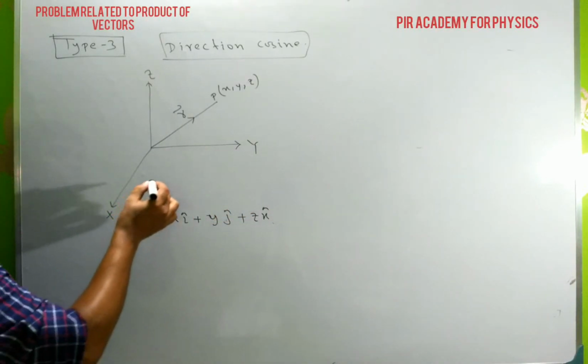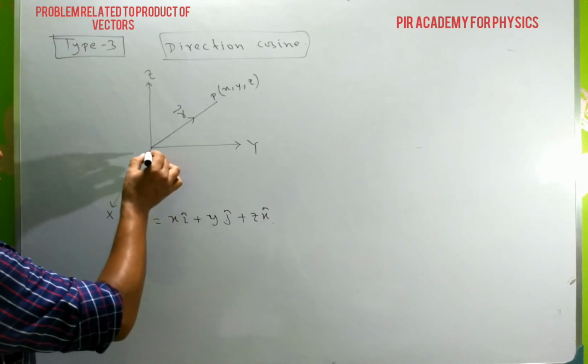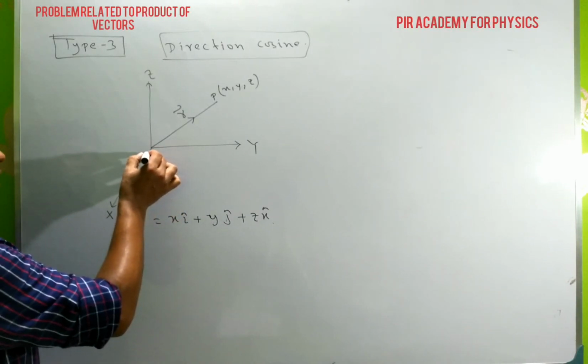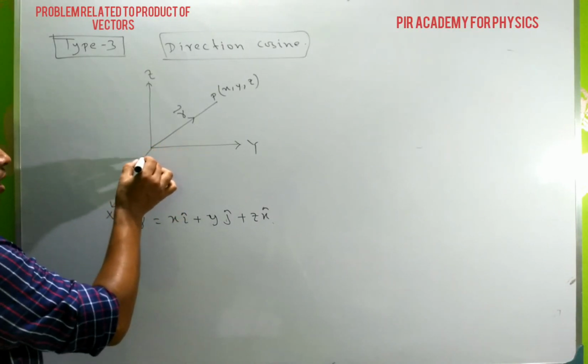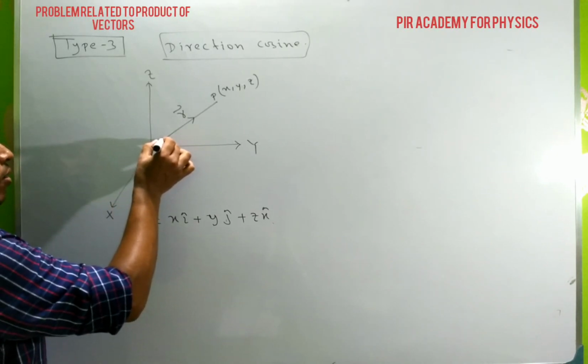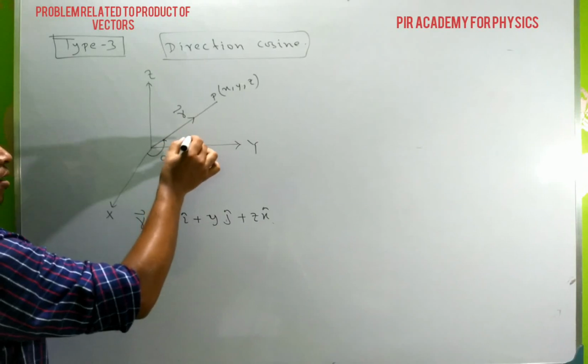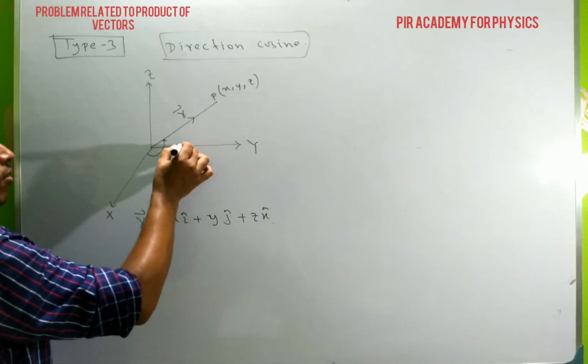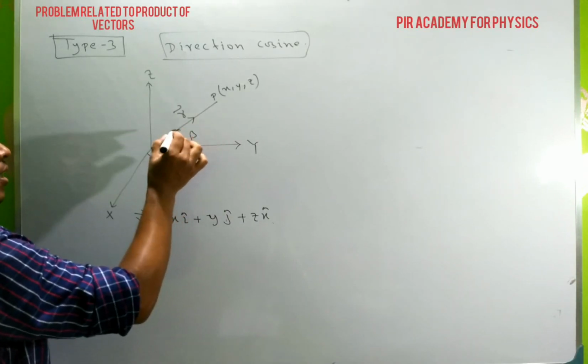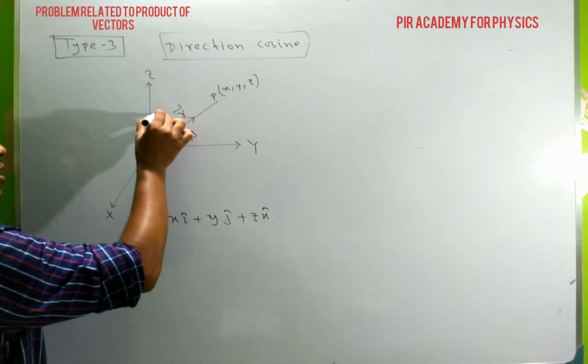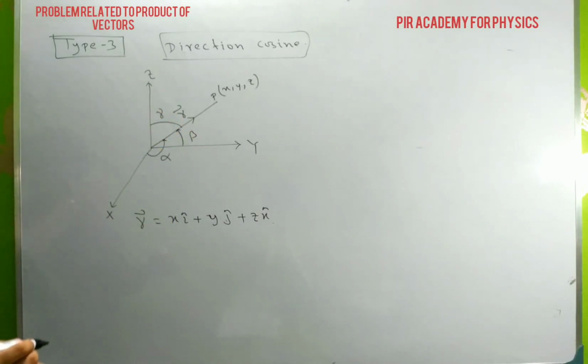The angle between the x-axis and this position vector is alpha. The angle with the y-axis is beta. The angle with the z-axis is gamma.